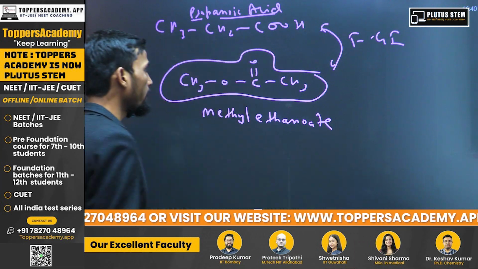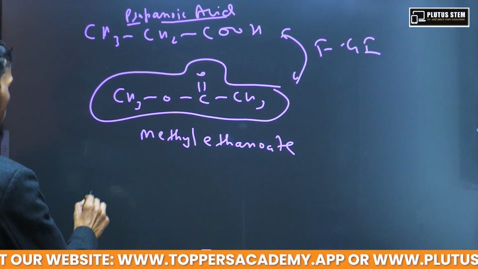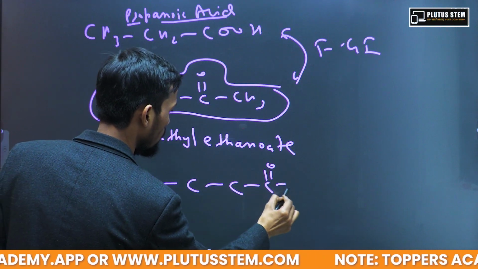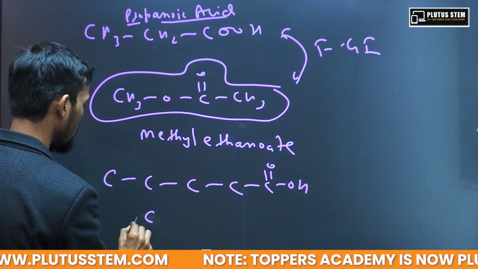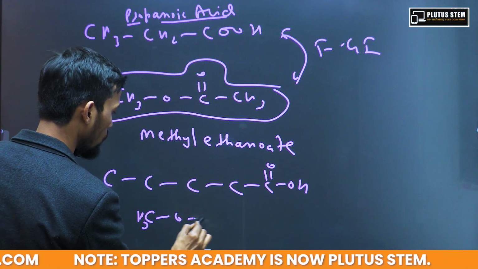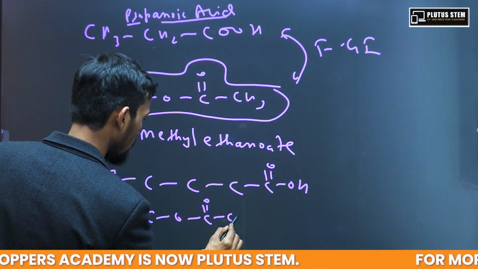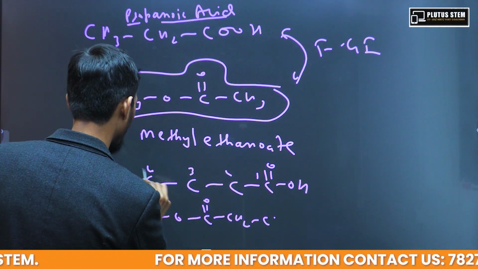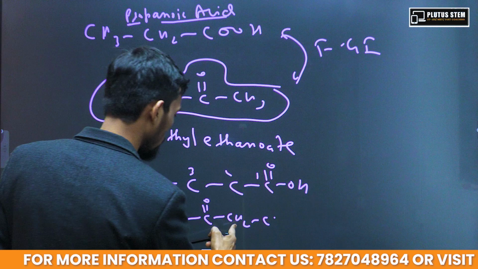And many more examples can be drawn for this type of isomerism. Like if we have COOH, or CH3O, C double bond O, CH2, 1, 2, 3, 4.